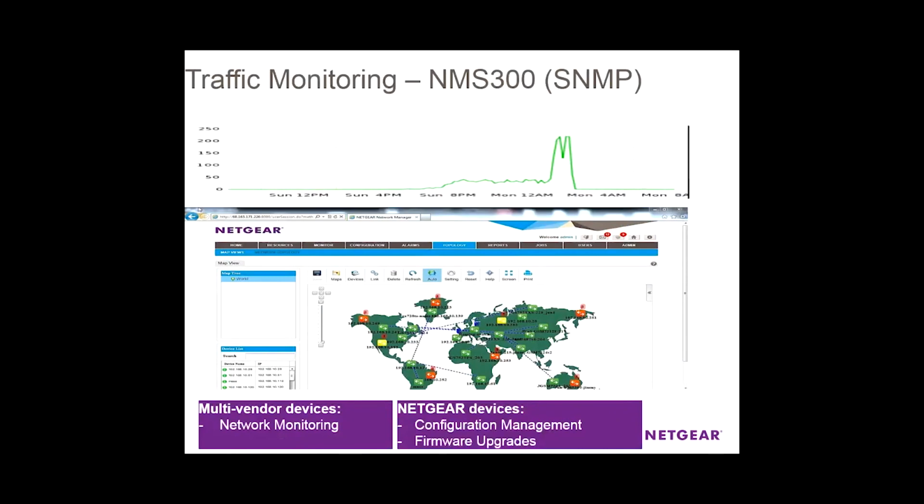Sorry for that. Here, another way that we can improve the network security in our devices is traffic monitoring. So how can we realize, for example, if a ransomware is hitting our network?